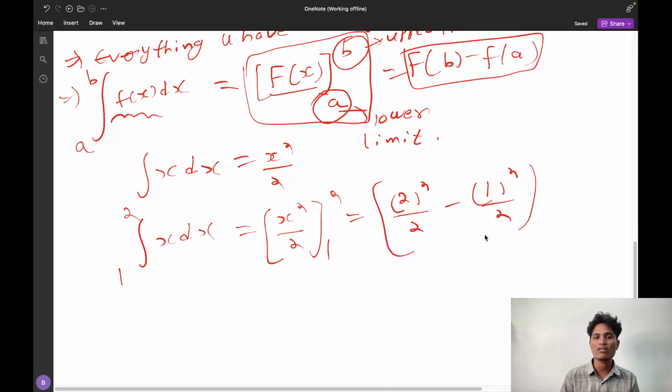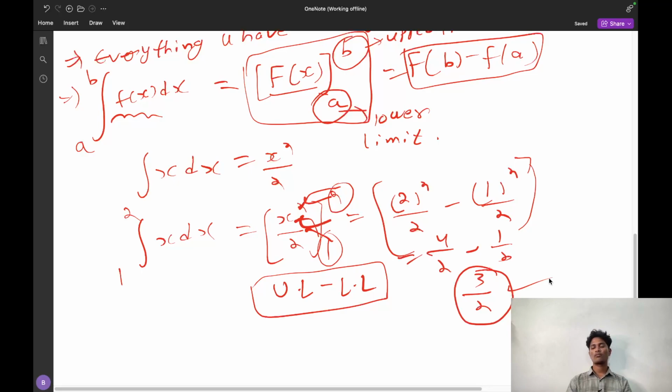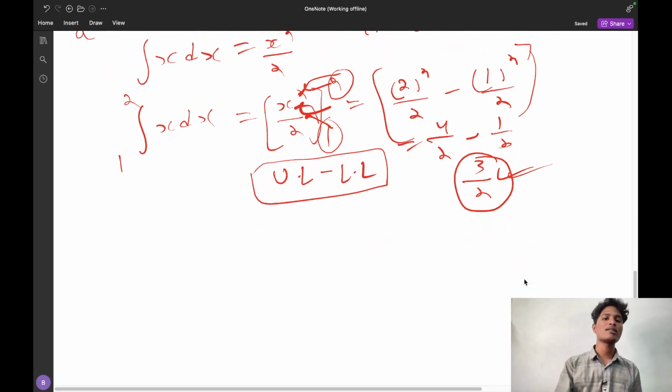The substitution should be upper limit minus lower limit. So 2 square is 4, 4 by 2 minus 1 by 2. 4 by 2 is 2, so 2 minus 1 by 2 is 4 minus 1 by 2, that is 3 by 2. So like this you have to calculate the answer.